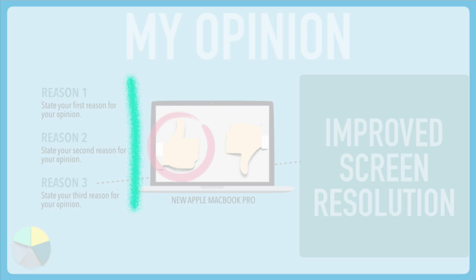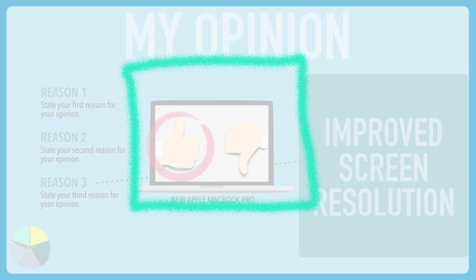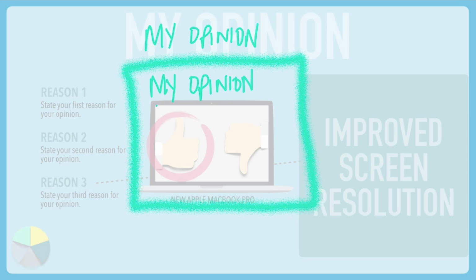Okay, for this section, for the my opinion section, you need to group things that are at the same level. So, for example, on this screen, what you're going to do is you will put what your opinion is right here. You will write it out, and then remember, you have 3 reasons. So you need to group the reasons together.